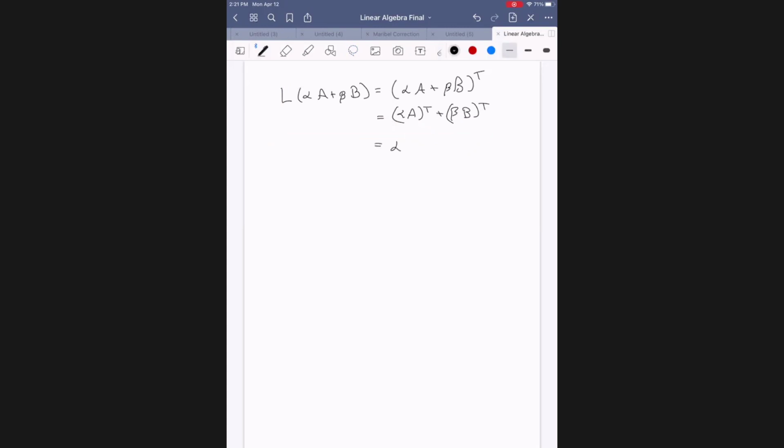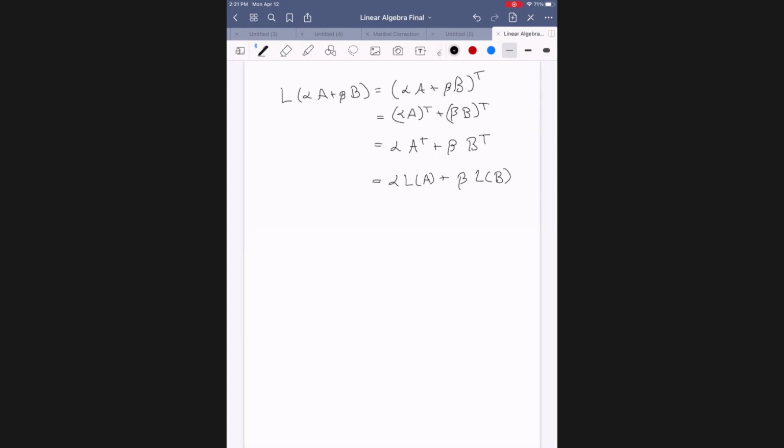But that's just alpha times L of A plus beta times L of B. So this is indeed a linear transformation.